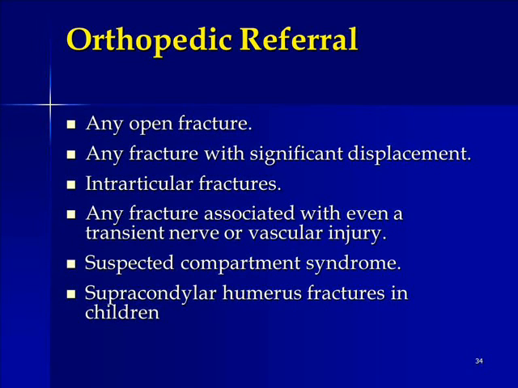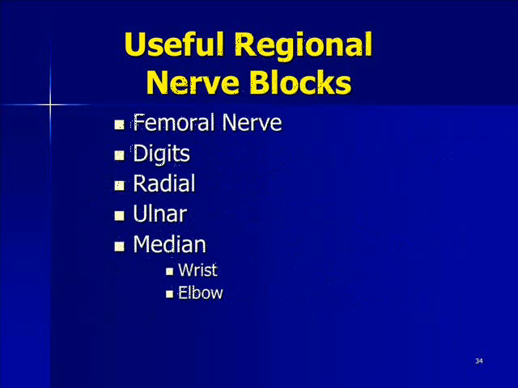Orthopedic referrals are recommended, actually important, if you have any open fracture, any fracture with significant displacement, any intra-articular fractures, any fracture associated with a nerve or vascular injury, any suspected compartment syndrome, and if you have a supracondylar humeral fracture in children, this is a Salter-Harris injury and needs orthopedic referral.